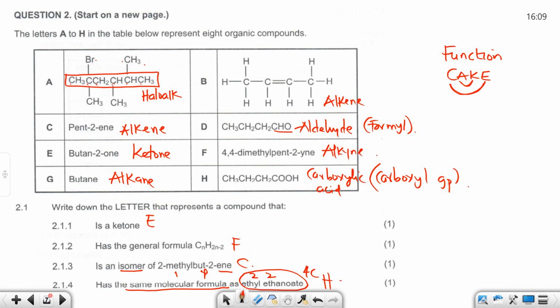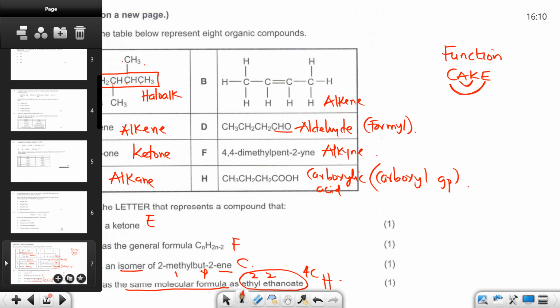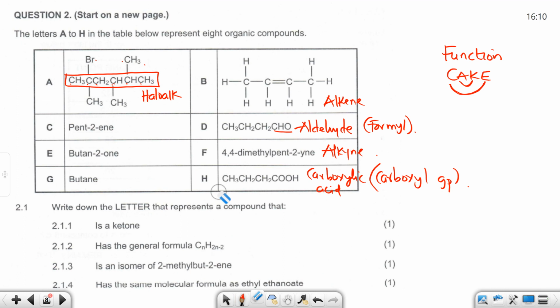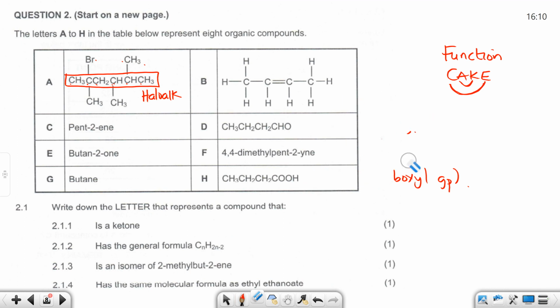What determines your numbering is it must be closest to the end. I don't know if what I'm saying makes sense. Let me try something. Let's make it bigger. So double bonds have preference over the side chains, right? Yes, a double bond would then have a lot of preference.